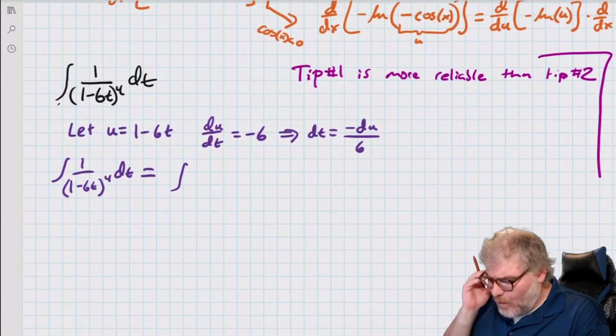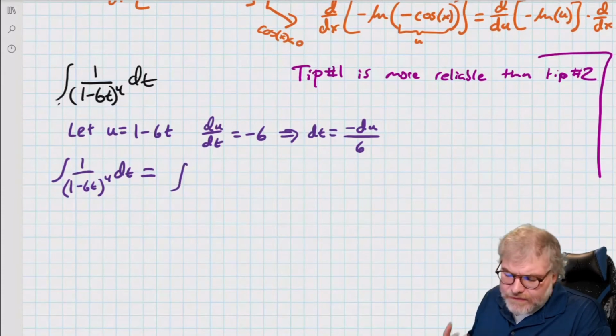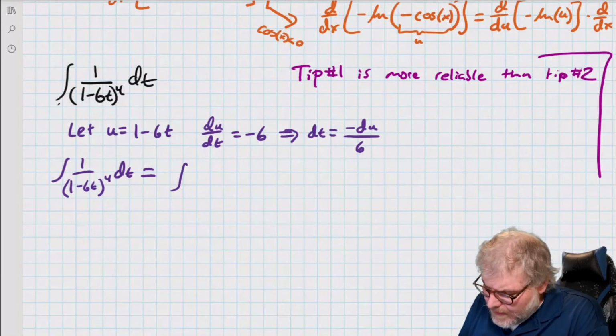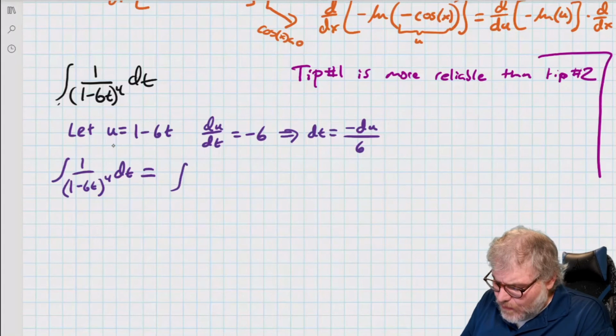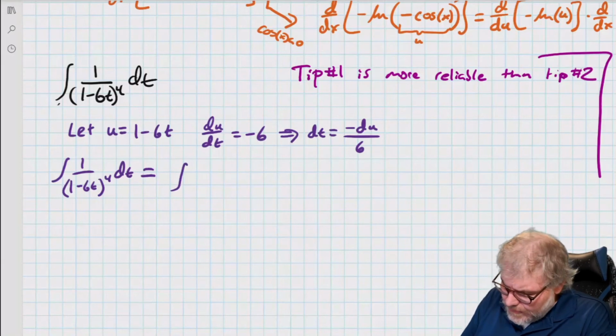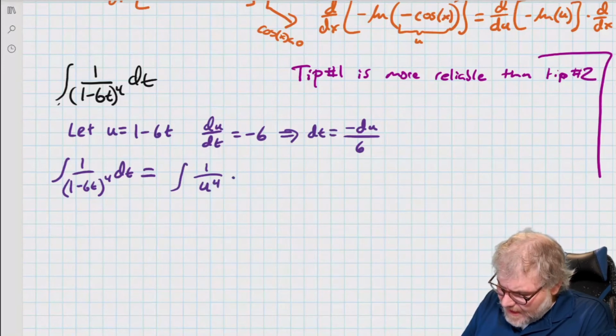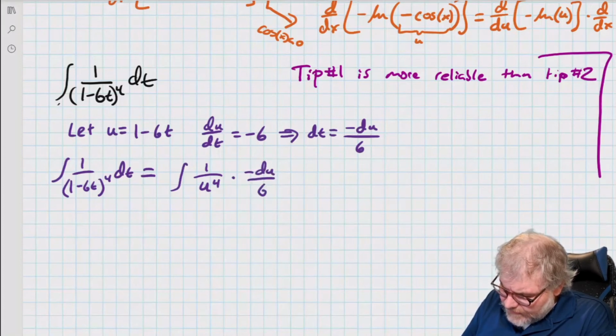Tip 1 is generally more reliable than tip number 2, right? So the complicated thing is really what you want to start with. So here I'm going to let u equal 1 minus 6t. That's going to give me a dt of du over 6. So when I sub this in, I'm going to get 1 over u to the 4th times negative du over 6.